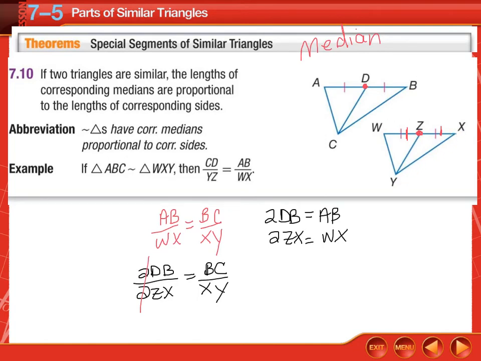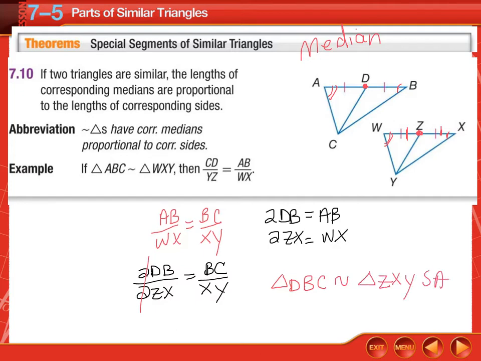We also know that if the original triangles were similar, and we were told they are, then the corresponding angles are congruent. So we know that angle B is congruent to angle X. For that matter, we know that A is congruent to W. All right, but focusing just on these triangles on the right, by side angle side, I could say that triangle DBC is similar to triangle ZXY.